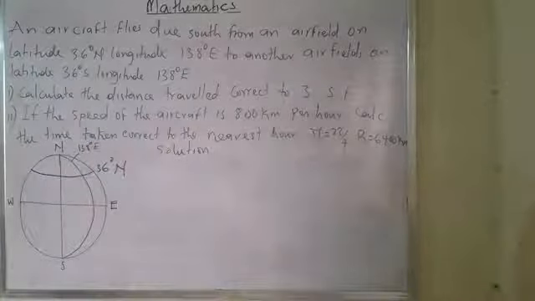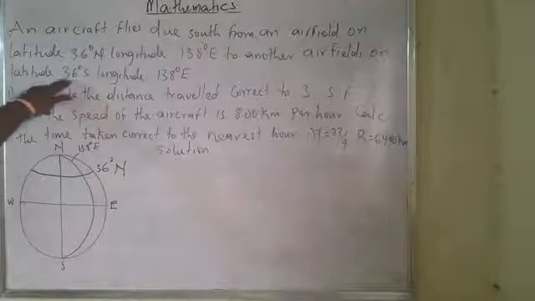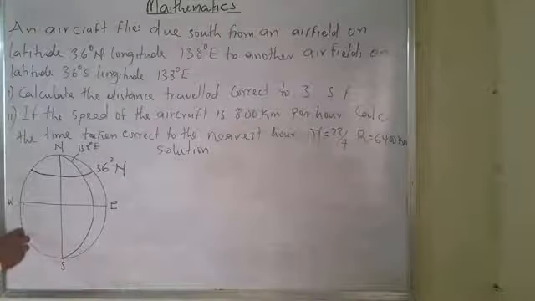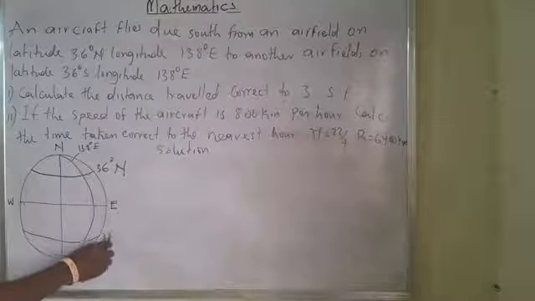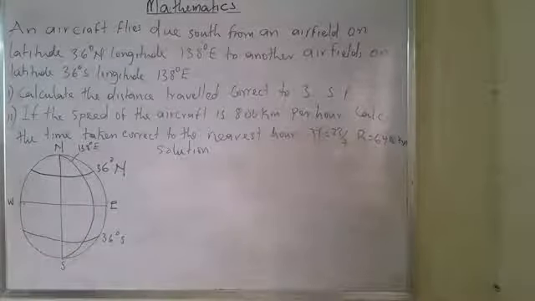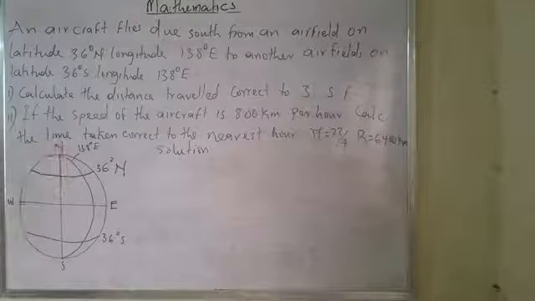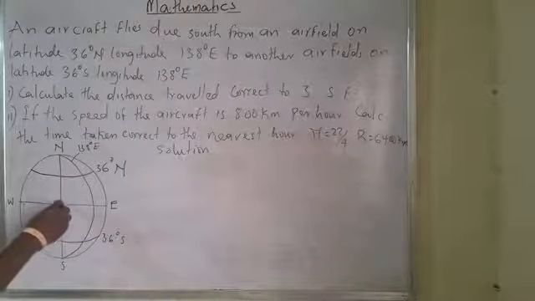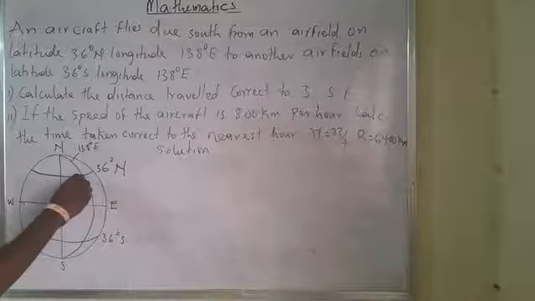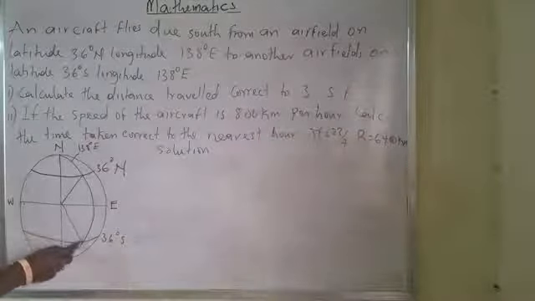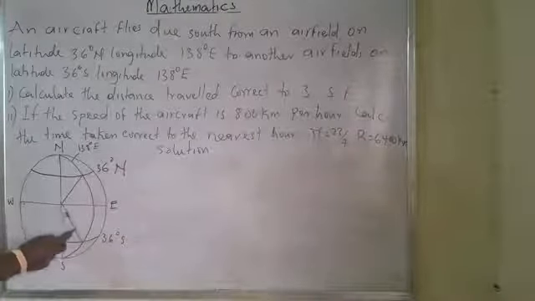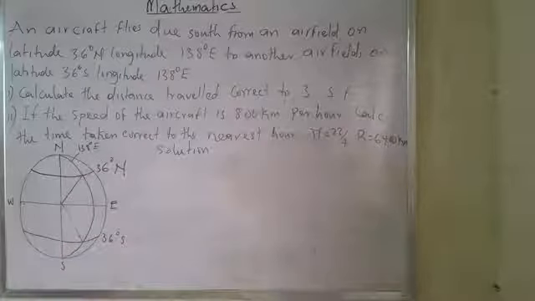And we move on to the other airfield, latitude 36 degrees south, and the longitude, very important, is the same. That is all. It means what we are working towards is this.